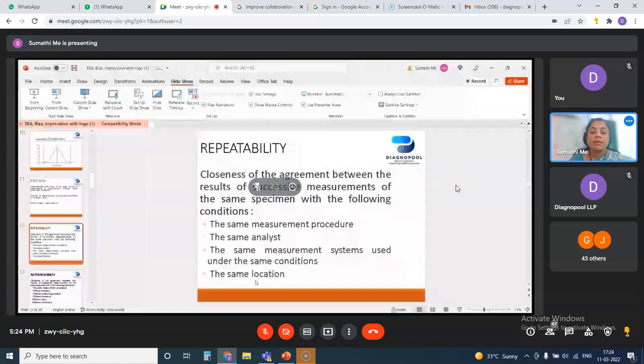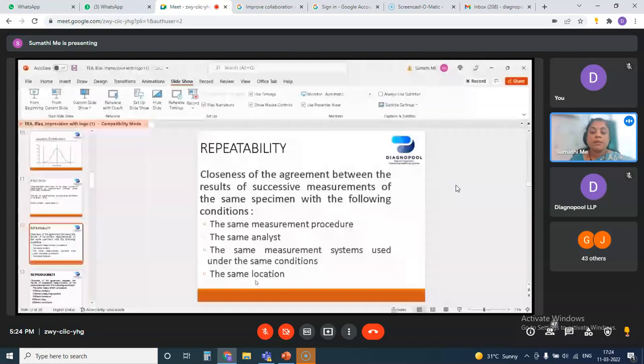This can be quantitatively expressed in terms of bias. So we saw that precision is measured in terms of percentage CV, and in the same way accuracy is measured in terms of bias. So what is bias? Bias is the difference between your observed value, that means your lab value, and the true value.